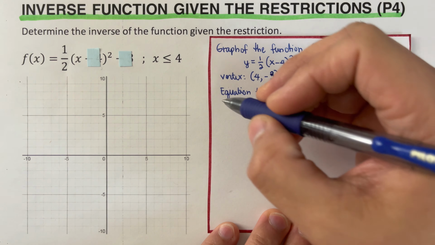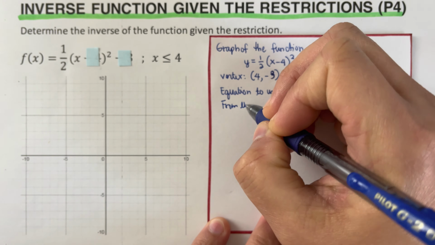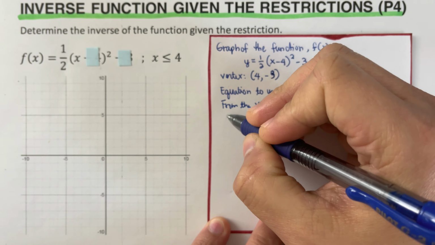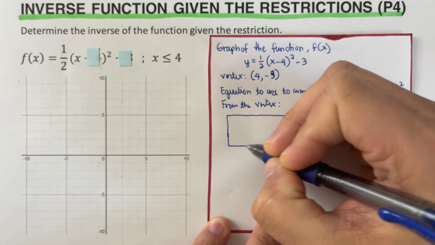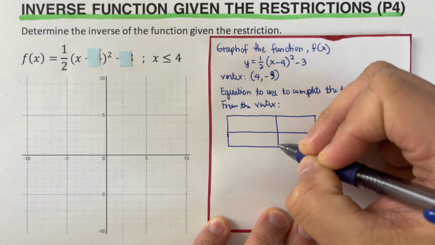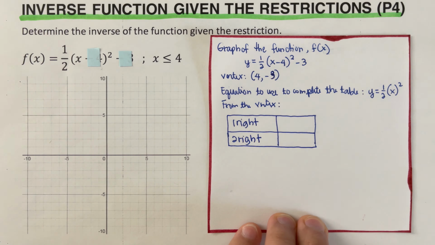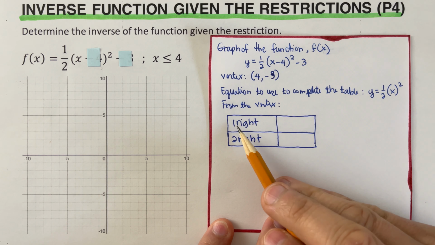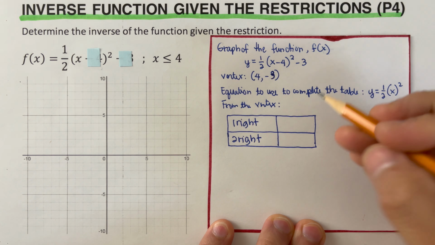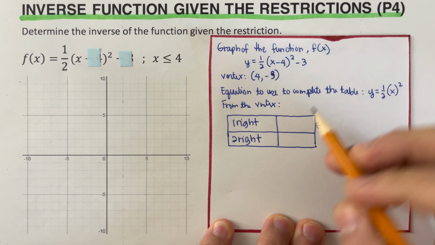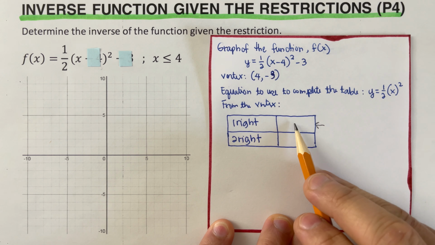So then from the vertex, we are going to plug this value into the x right here, and I'm going to show the work on the side to solve for the other value that we put into the blank.